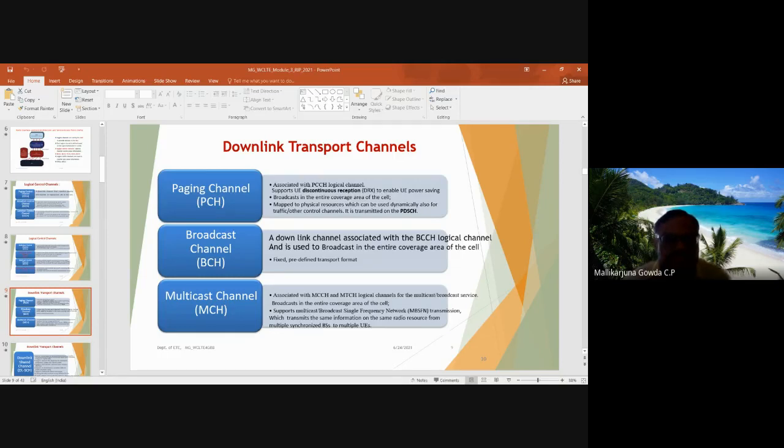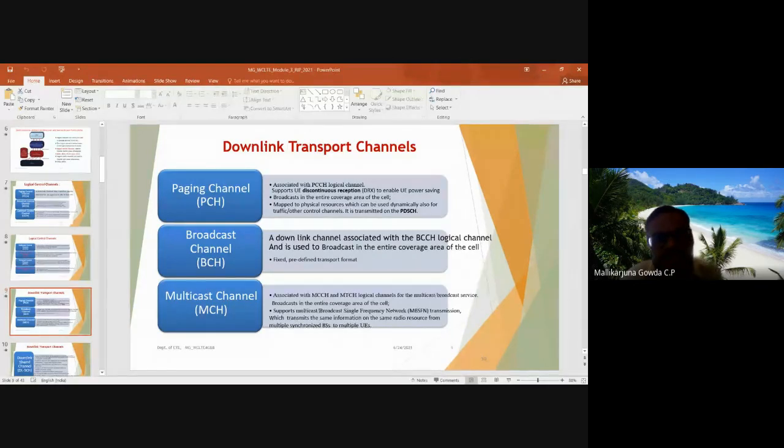The next downlink transport channel is the multicast channel, denoted in short as MCH. This is associated with the MCCH as well as the MTCH, that is, the multicast control channel and multicast traffic channel, for multicast broadcast services.